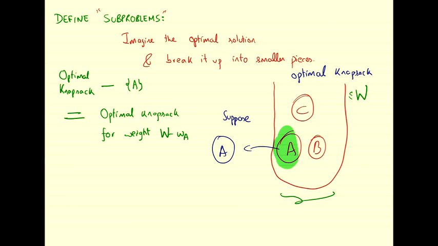Does that make sense? If I take the optimal knapsack and take out, assume A is part of it, if I took it out, then what's left is the optimal knapsack of weight W minus WA.